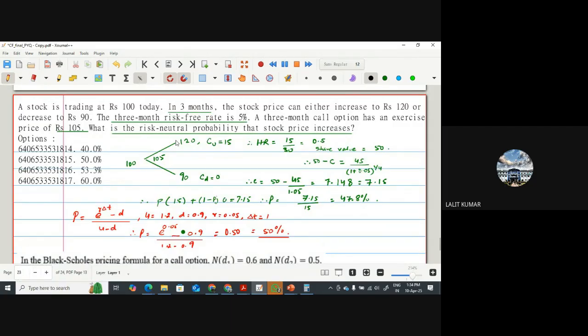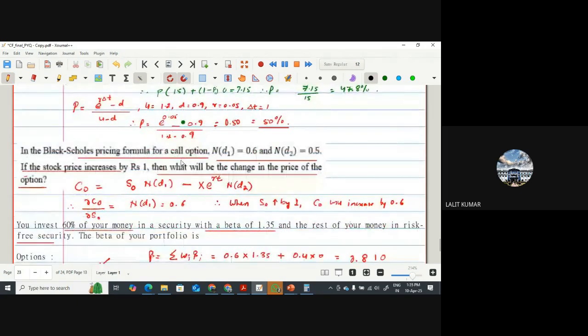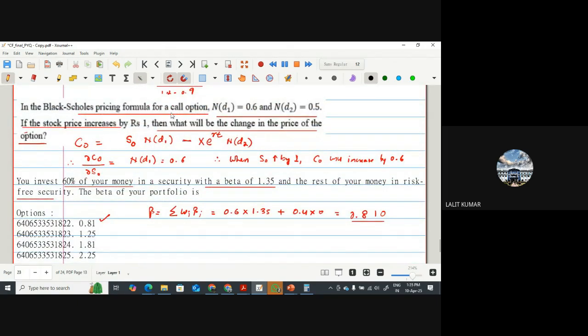Then they have asked what the risk neutral probabilities are; there is a straight formula for that. You put again the Black-Scholes pricing formula for a call option. I was telling you from here that they have given N(d1) and N(d2). If the stock price increases by ₹1, then what will be the change in the price of the option?